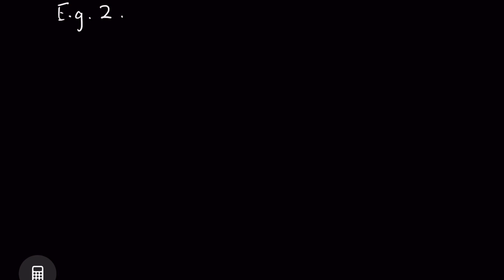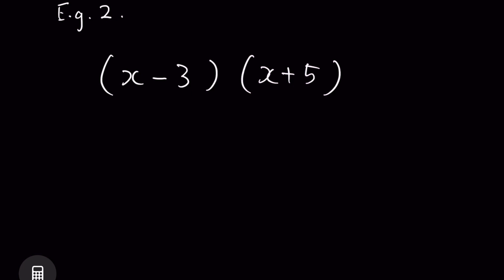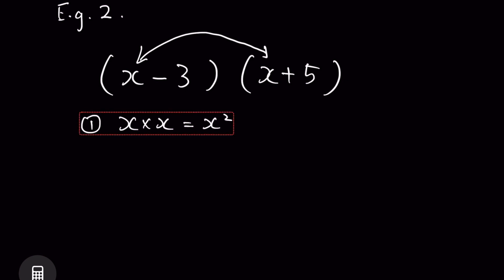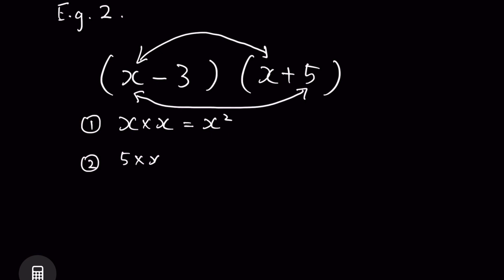The second example, we do the same thing. So step 1, x times x is x squared. Then x times 5 is 5x.